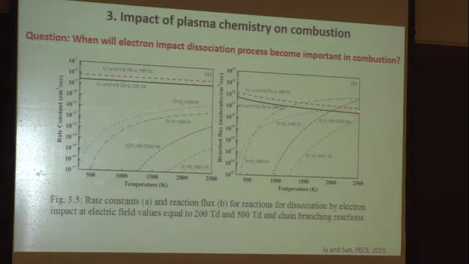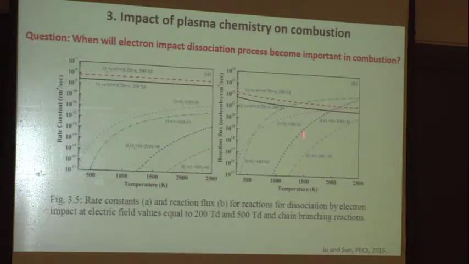At high temperature, you don't need to consider it, because the chain branching reaction by combustion itself is faster, right? Again, this is another piece of evidence that the plasma cannot control much of the kinetic effect at high temperature. Rather, it produces fast heating and slow heating to produce the heat and maintain the combustion process.